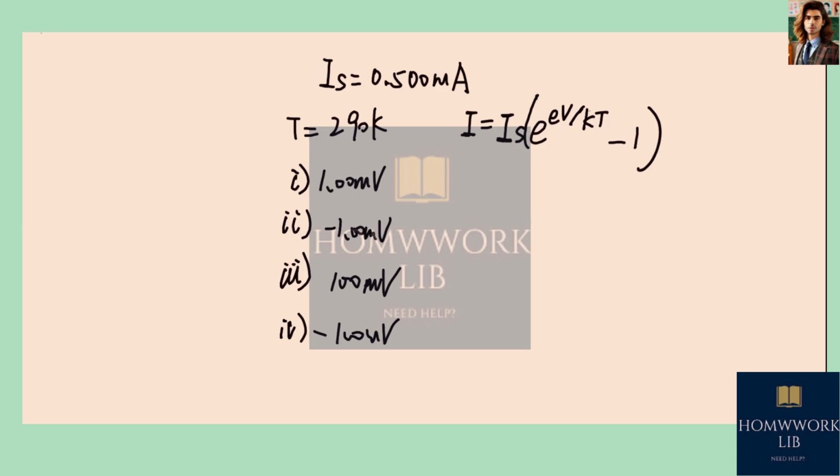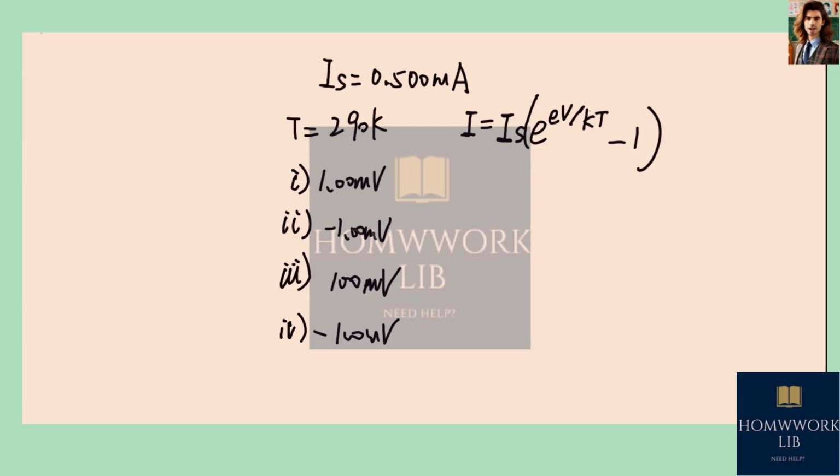This is the current at temperature T for a PN junction. For questions 1 to 4, we're just plugging into this equation a range of different voltages. I will do the first one as an example.